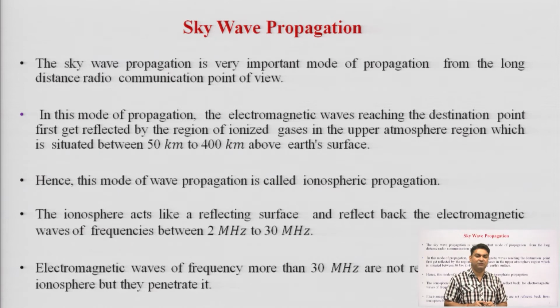When the semi circumference of the earth is covered by any mode of propagation, it can only be sky wave propagation, because the semi circumference is the longest distance possible for a communication link between a transmitter and receiver.